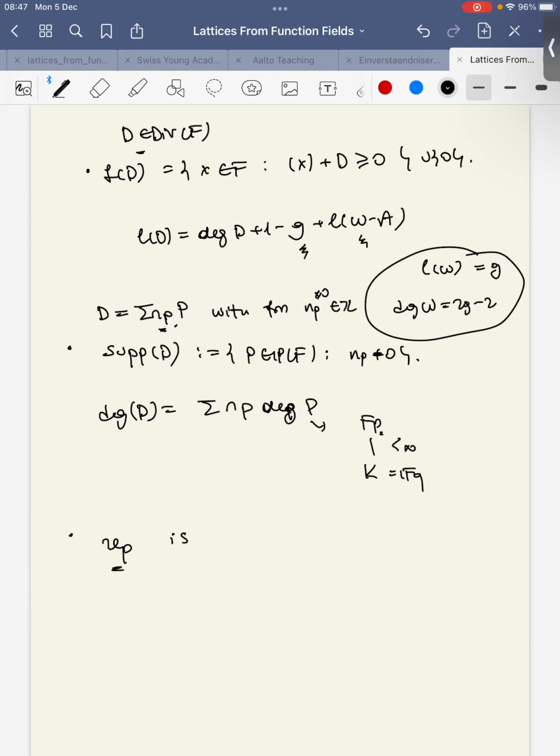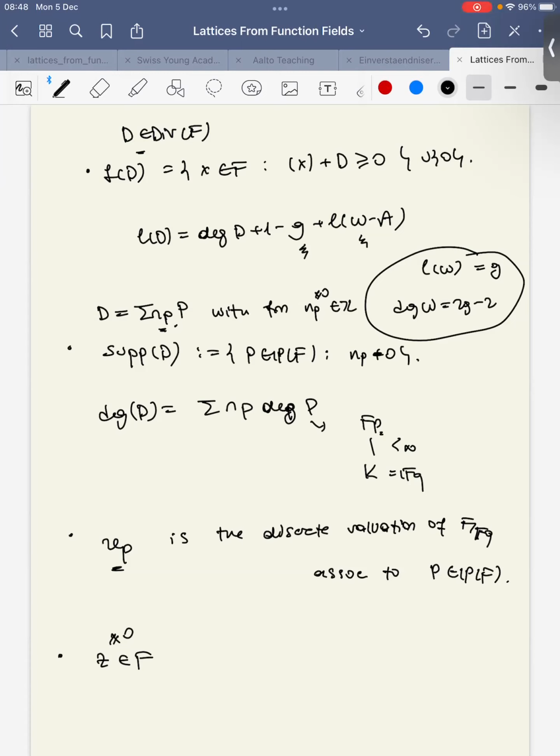Here we will denote it by v_P by associating a given place P. If we are given a non-zero transcendental, we have seen that it has at least one zero and one pole.